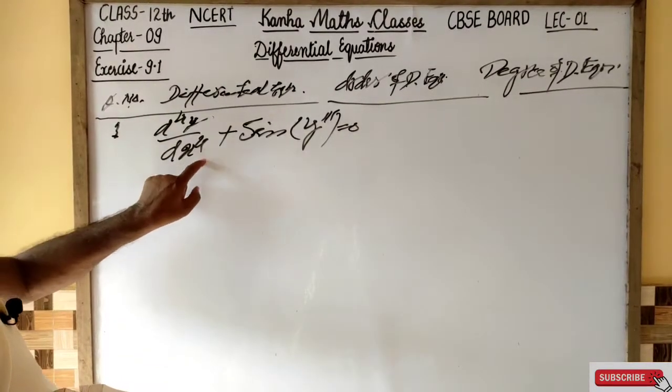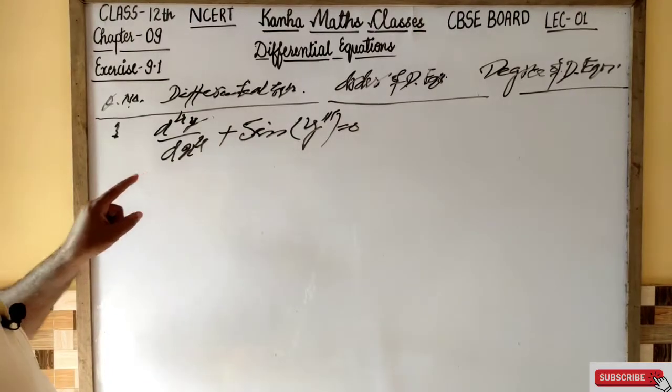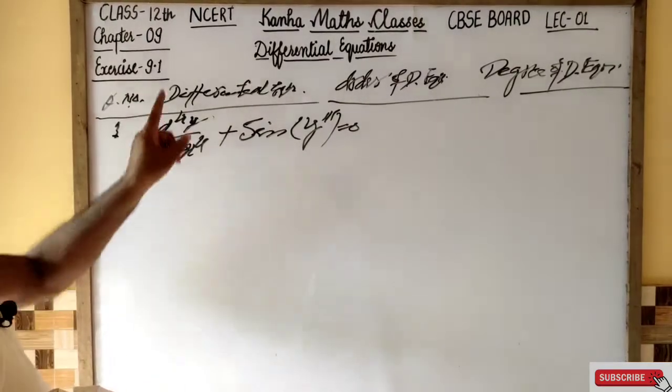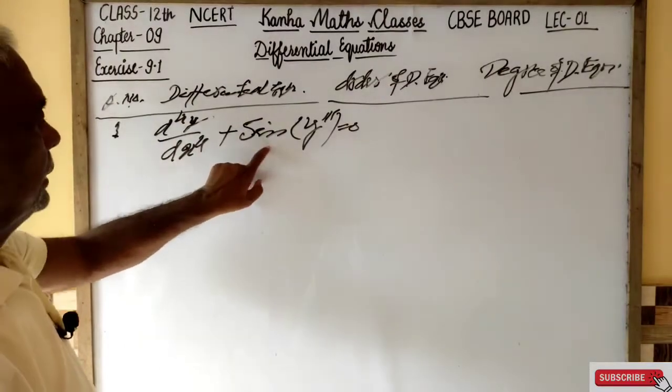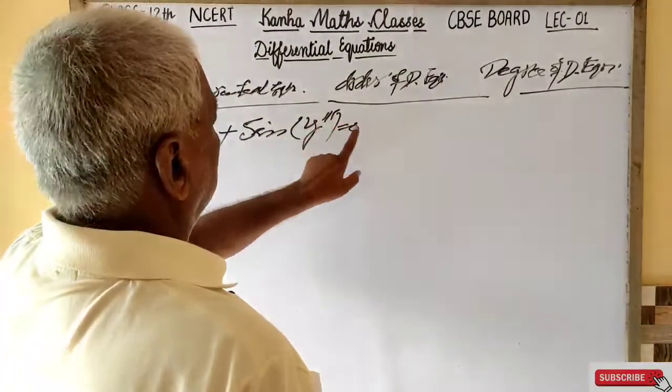In the simplest form, y4 plus sin y triple dash is equal to 0.